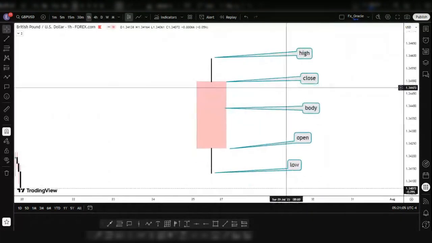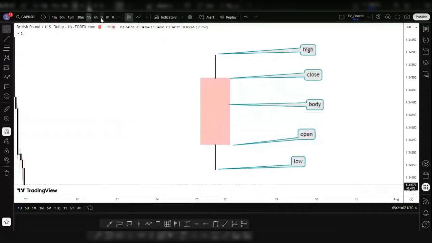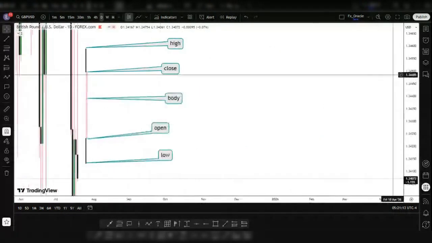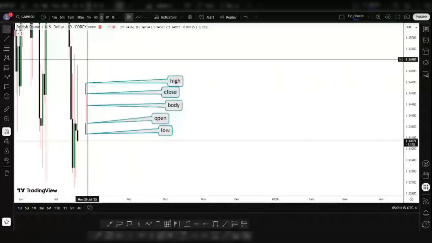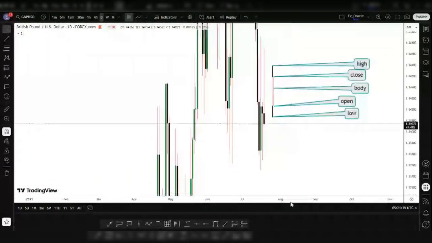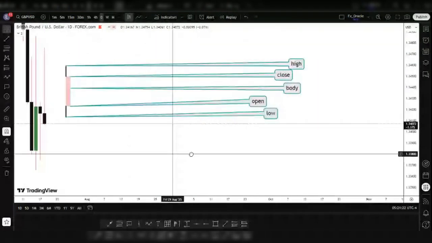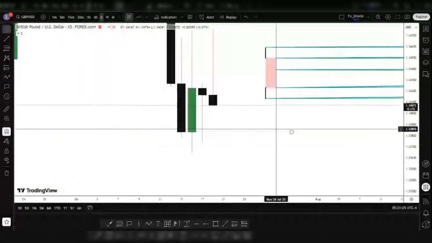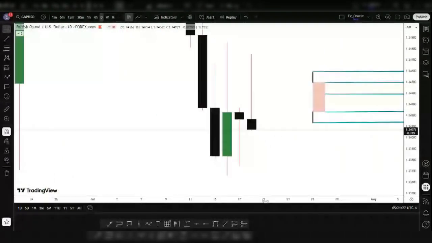So let's look at an example on the chart. Now let's go to the daily time frame and see a good example. Let's take one of these candles as an example.